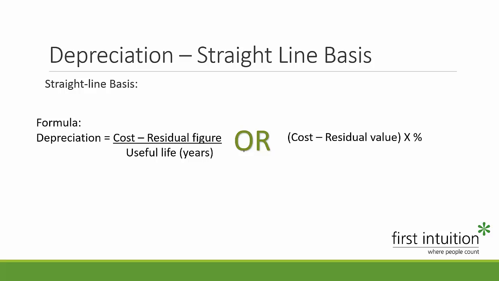We can use the straight line basis method when we apply a flat percentage. So for example, 20% per year. It's a very easy mistake to make, and it's an age-old anecdote, and you will probably have heard it 1,000,001 times. It's in essence the importance of reading the question. Don't fall into the misconception of seeing a percentage thinking, oh, it must be a diminishing balance.